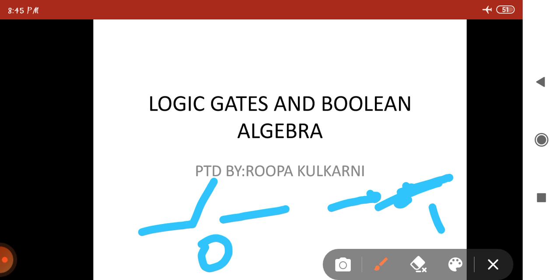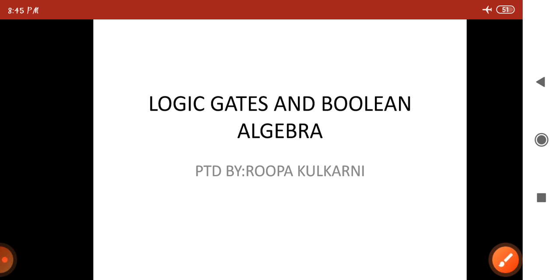It is high or low, which one will you choose? By the gates the operations will come, but the gates take two or one or more inputs, and we can get only one output. That is called a logical gate.